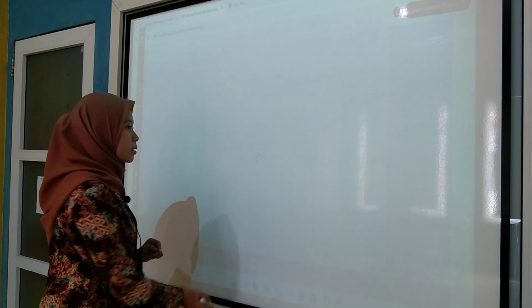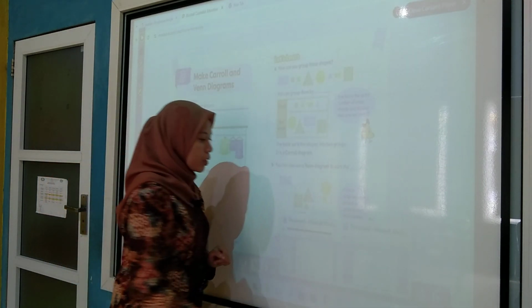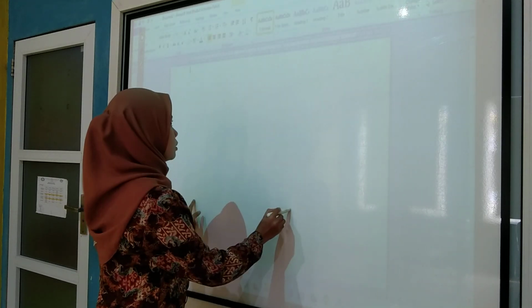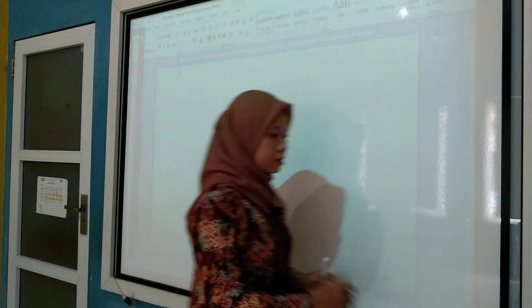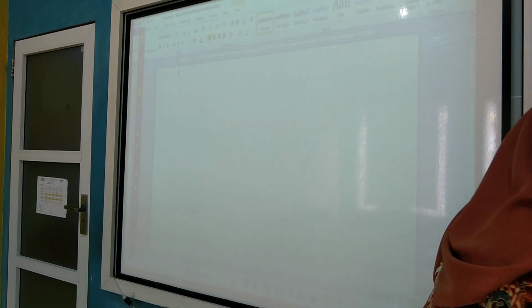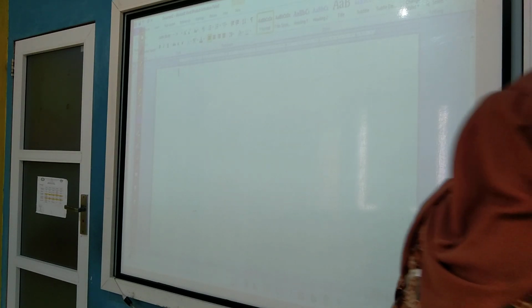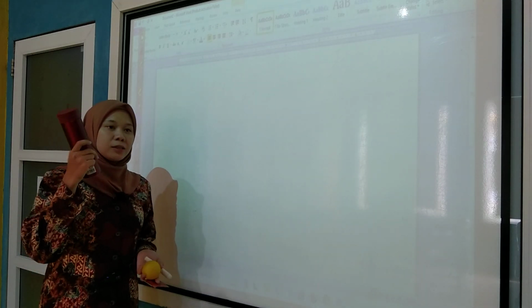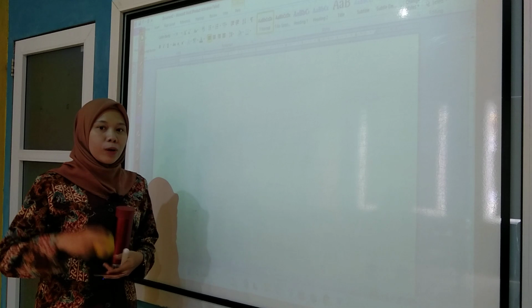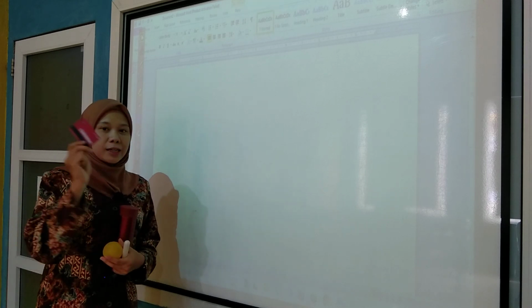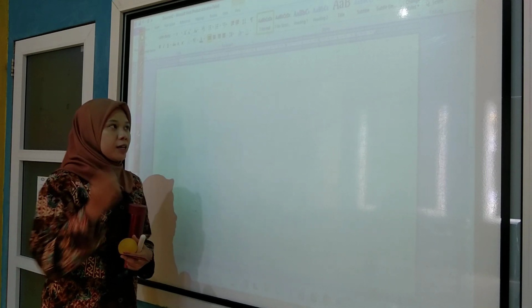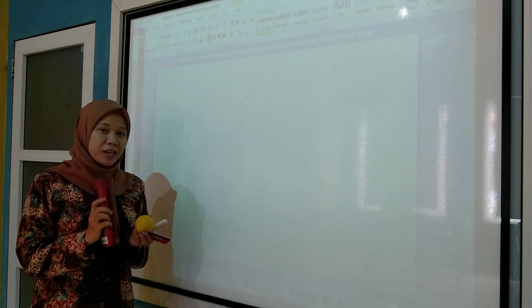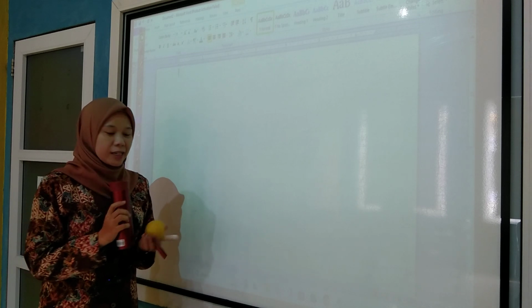This one is the exercise. I will give you some examples. Okay, I have some props here. I have one drink bottle, and then one ball, one card, and one coin. We can sort these objects by their shape and by their color.